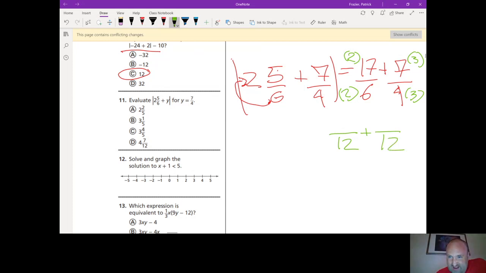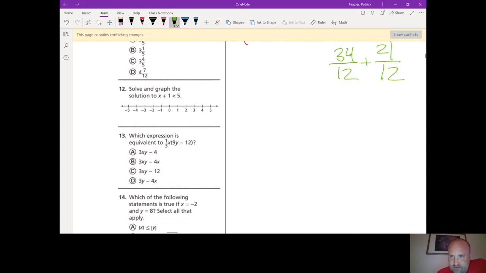And then 17 times 2 is 34. And 7 times 3 is 21. That's the same thing as 34 plus 21 over 12.